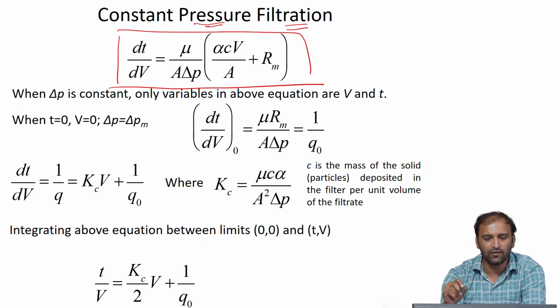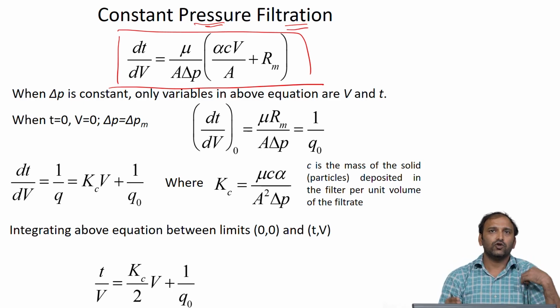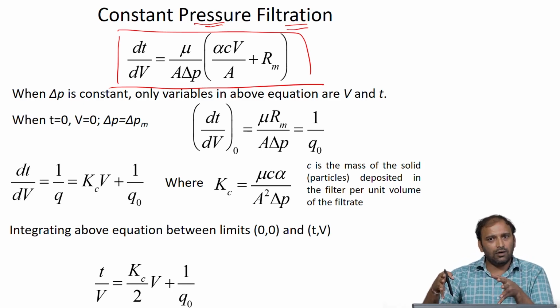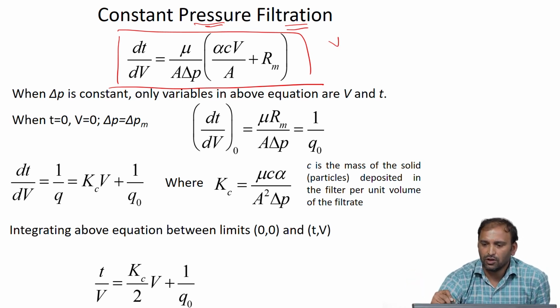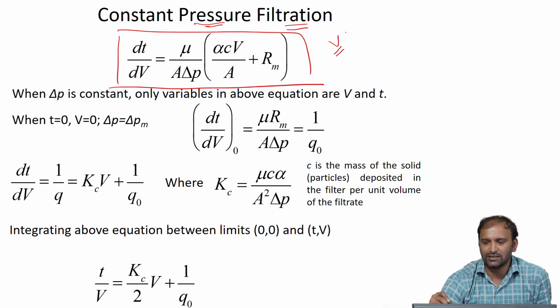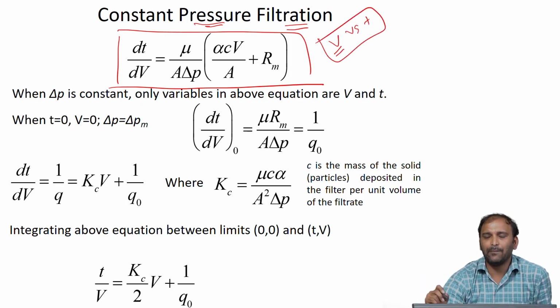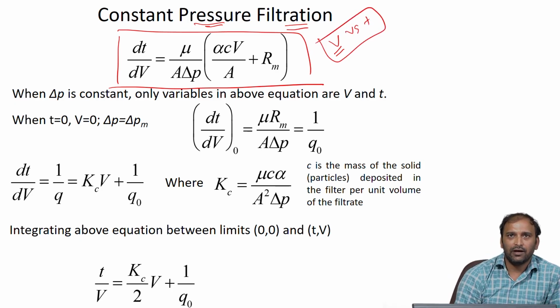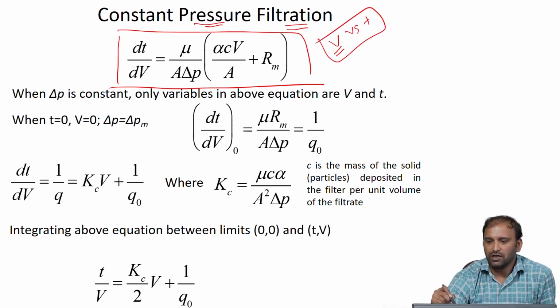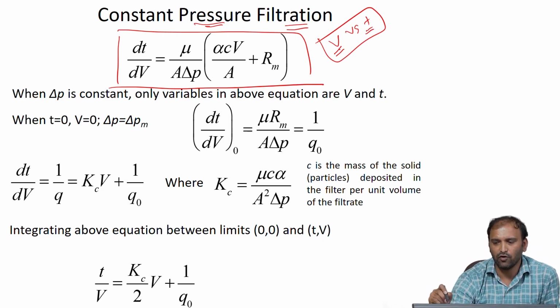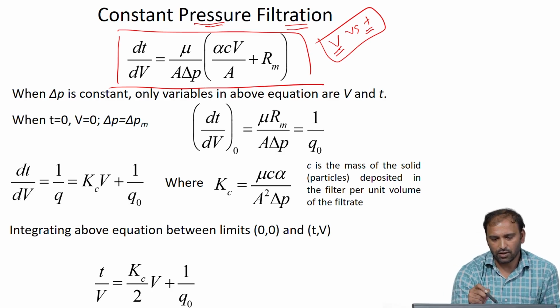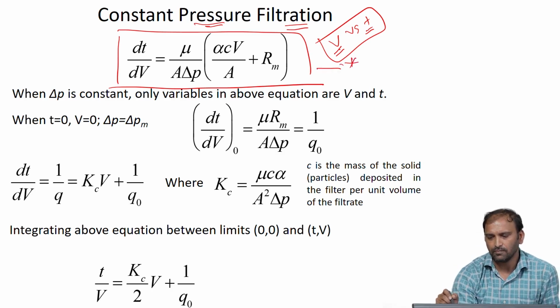In the case of constant pressure filtration, you maintain a constant pressure drop across the filtration process, and then look at how the volume of filtrate that I collect varies as a function of time. Therefore I'm interested in developing an expression in which t and V are my variables.